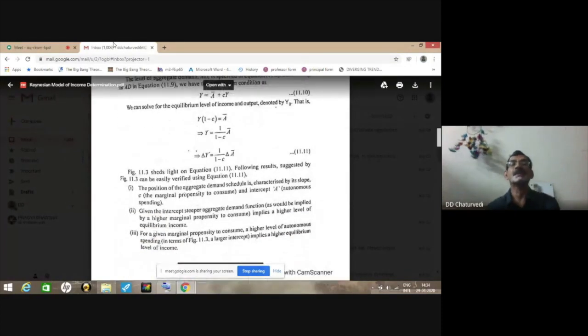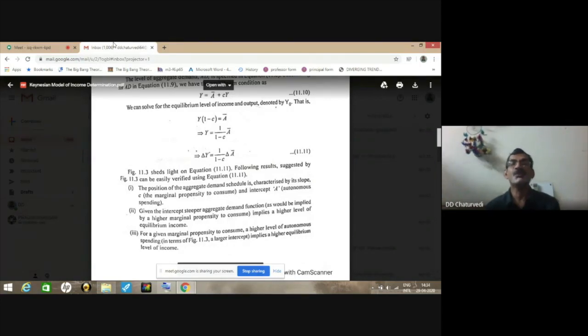So after discussing equation number 11.11, which is before your screen, I will give you some conclusions which are mentioned in this PDF file also. The position of the aggregate demand schedule is known by the slope, which is C, and the intercept A, that is autonomous spending.